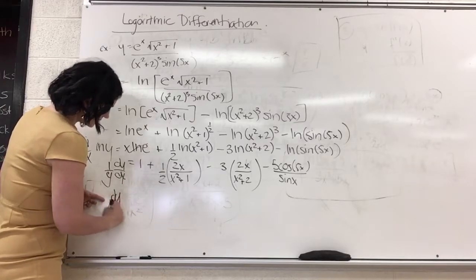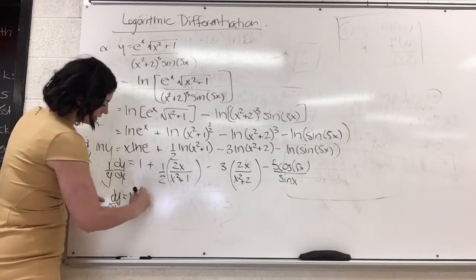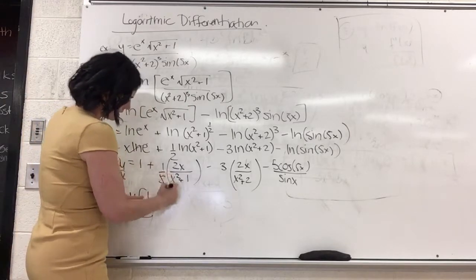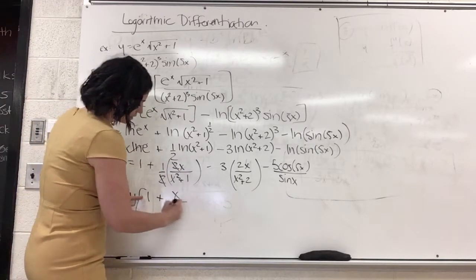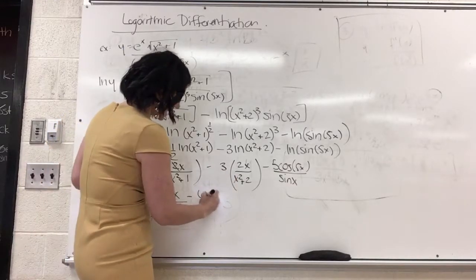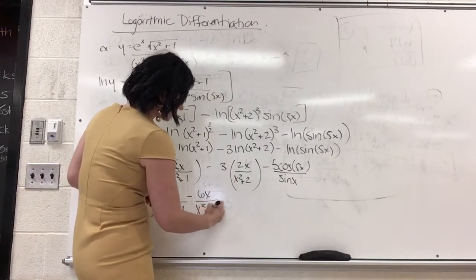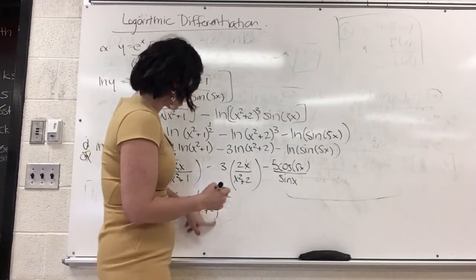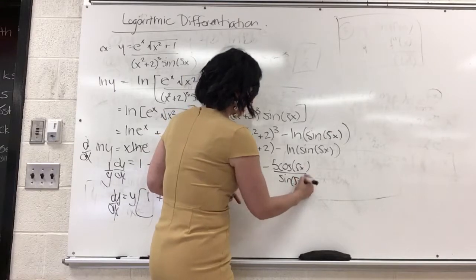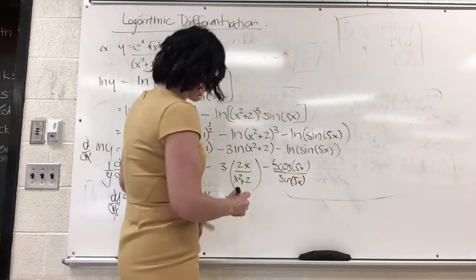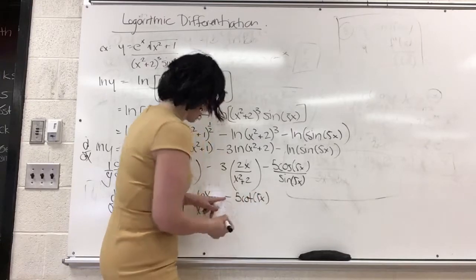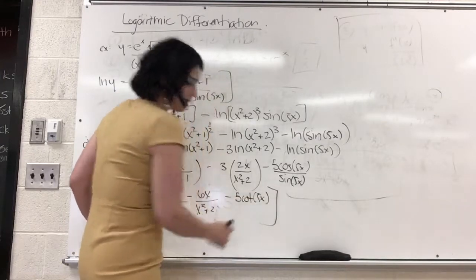So I end up with dy/dx equals y times, and as I rewrite this, I'm going to simplify it. 1 plus, this and this cancel, so I have x over x squared plus 1 minus 6x over x squared plus 2 minus 5 cos, oh, it should be 5x. 5 cos 5x over sine 5x is going to be 5 cotan 5x. Okay, so that whole thing is multiplied by y.